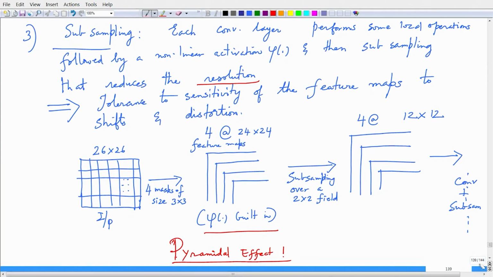Now, we have seen that through this pyramidal cascading effect we have convolution followed by subsampling and so on and so forth.